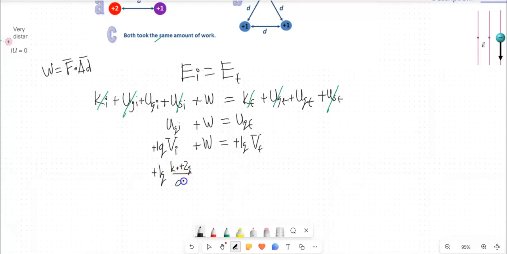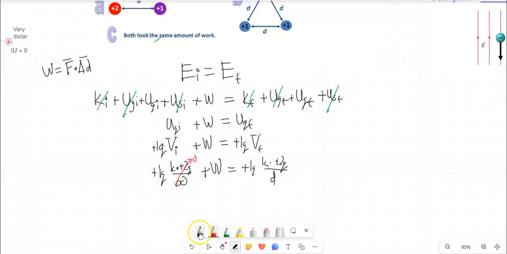So this would just be infinity on this. Plus work equals positive 1Q, K times positive 2Q, all over a distance d apart. Now, 1 over infinity approaches 0.